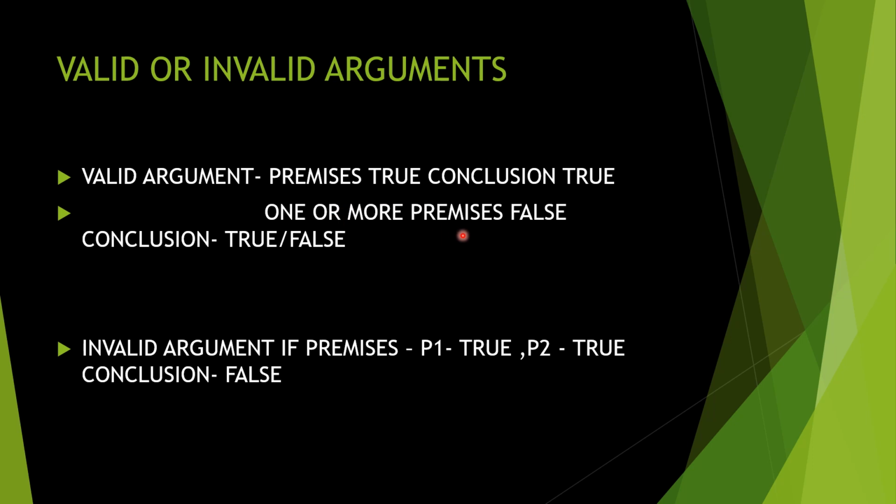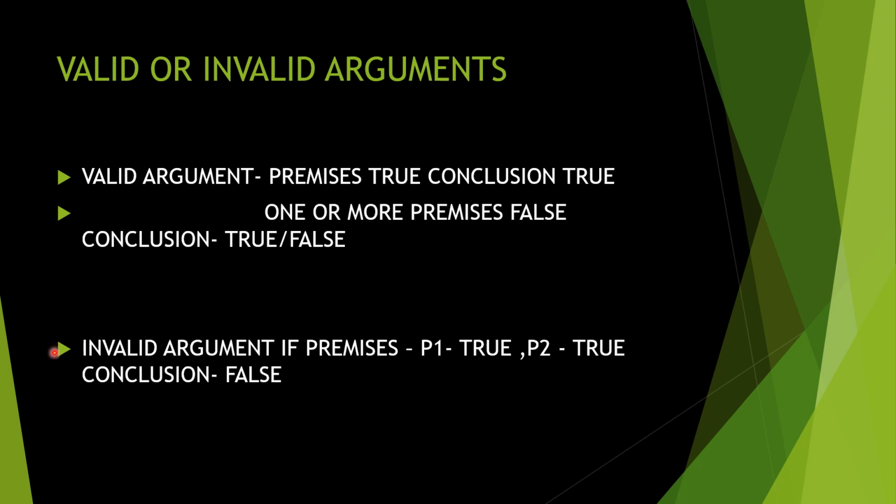If one or more premises are false, then the conclusion can be true or false. Sometimes P1 is false and P2 is true, then the conclusion can be true or false. Sometimes P1 is true and P2 is false, then the conclusion can be false or true. So premise can be true, conclusion can be true.